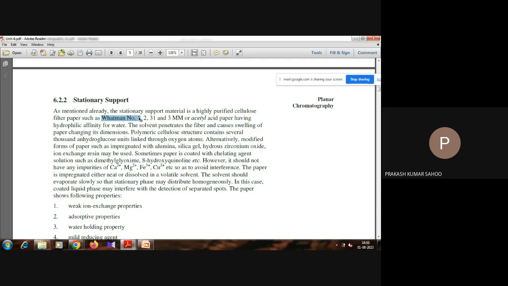These are generally used to have the stationary phase in paper chromatography. The solvent penetrates the filter paper or fiber, that is cellulose, and causes swelling of the paper, changing its dimension. The polymeric cellulose structure contains several thousand anhydroglucose units linked through oxygen bonds.